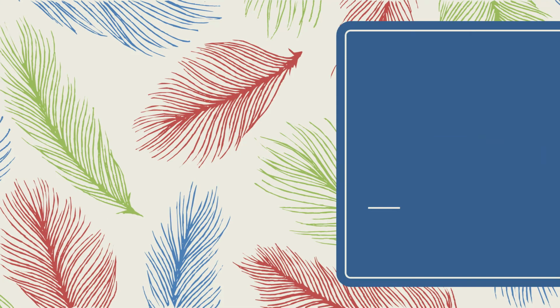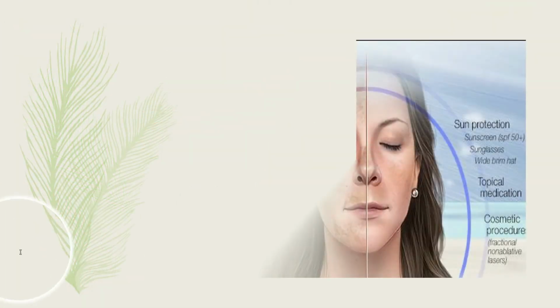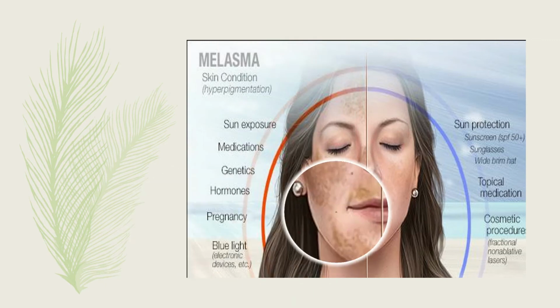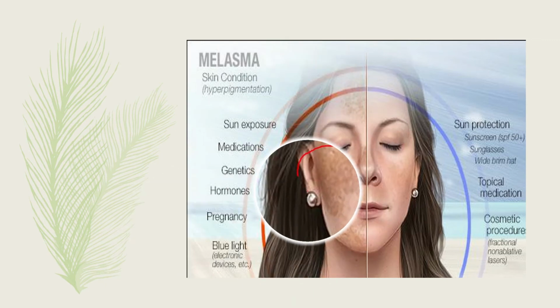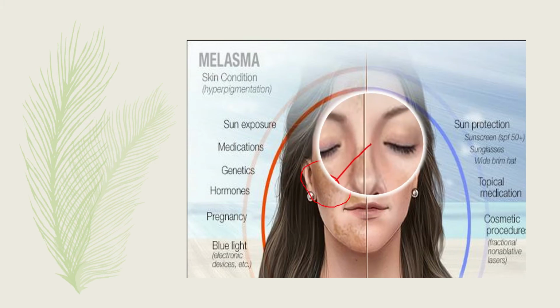First of all, we'll talk about what is melasma or chloasma. It is a patchy brown or dark brown skin discoloration that usually occurs on the face and may result from hormonal changes, as in pregnancy and during the administration of estrogen-containing oral contraceptives.